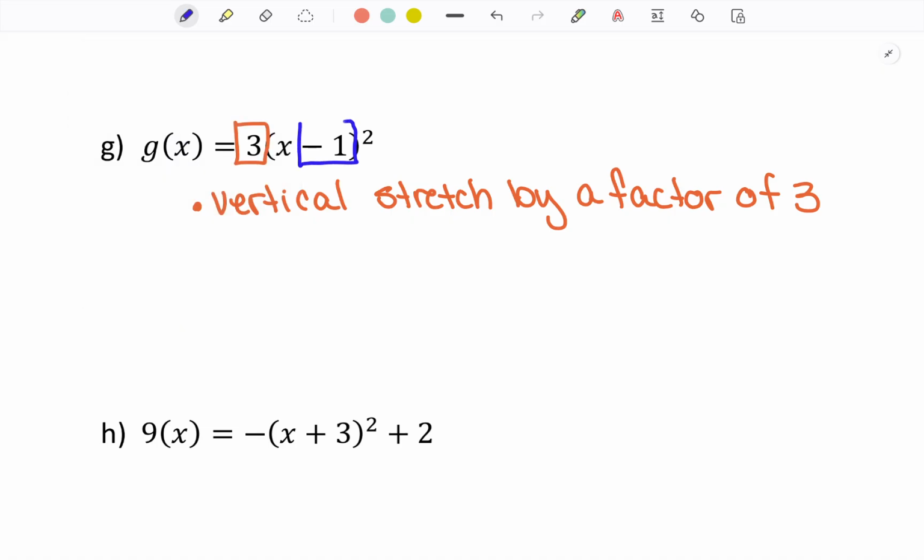And then the -1, that is going to shift down 1 unit. Actually, not shift down, it's in parentheses. What am I thinking? It is going to shift right 1 unit because it's inside those parentheses.